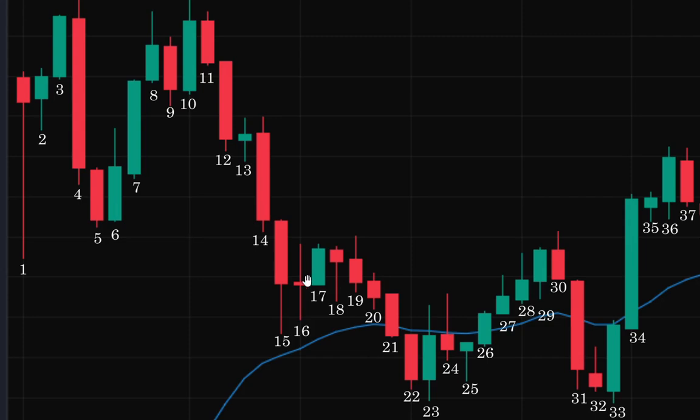Now the signal bar, this is a low one sell setup, so we have to enter below this. But as this is a bull bar, this is not a good signal bar, and as you can see, price went above the low of this bar when it closed.